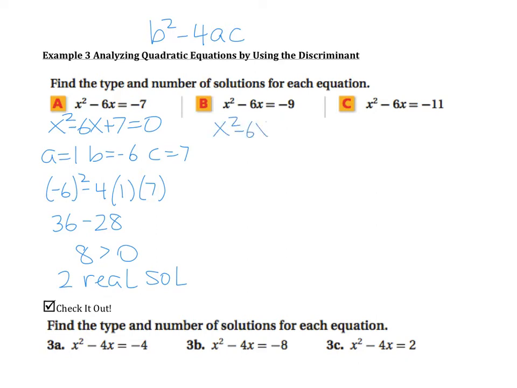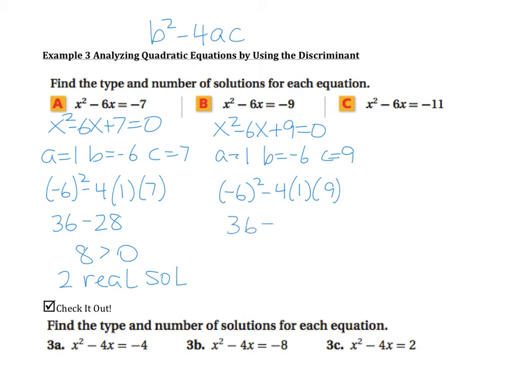Second one, again, standard form. A is 1, B is negative 6, C is 9. So it's B squared minus 4 times A times C. And we get 0, which is equal to 0, so that means I'm going to have one real solution.